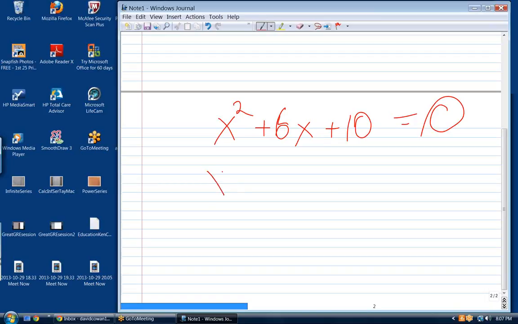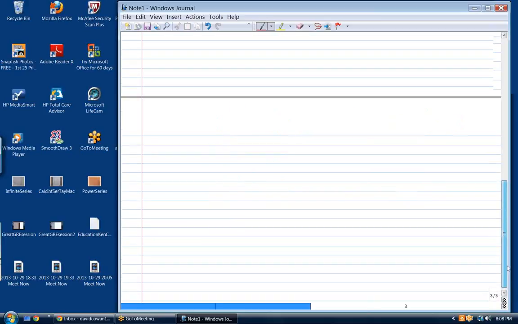Now, to complete the square, let's take our number and put it on the other side. So far I haven't changed anything. Now, let me give you the methodology for completing the square and then the understanding of why we do it this way.